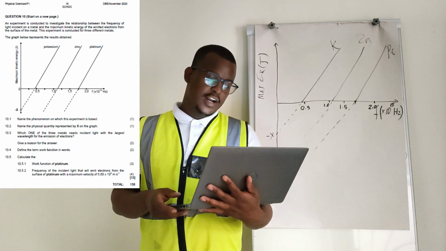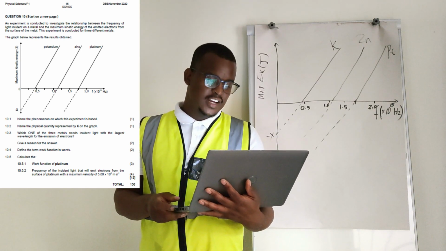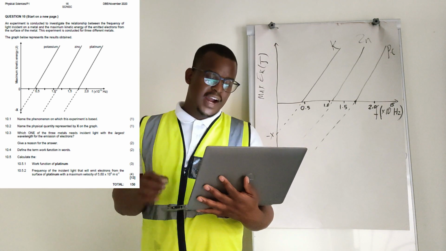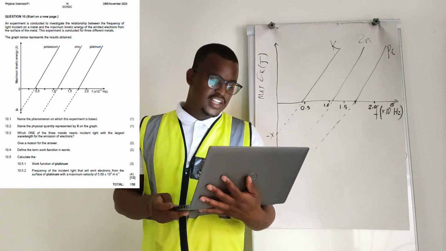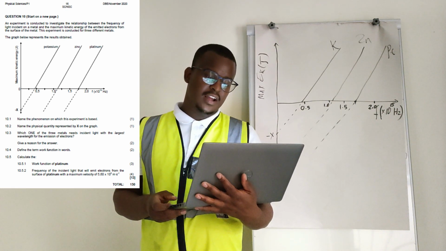An experiment is conducted to investigate the relationship between the frequency of light incident on a metal and the maximum kinetic energy of the electrons emitted from a metal surface. This experiment is conducted for 3 different metals.